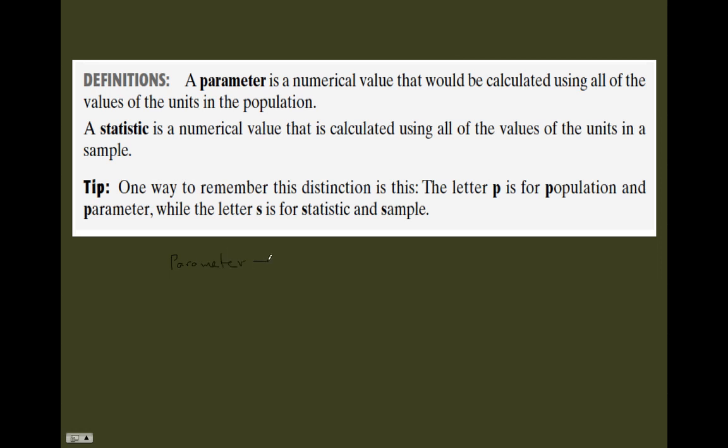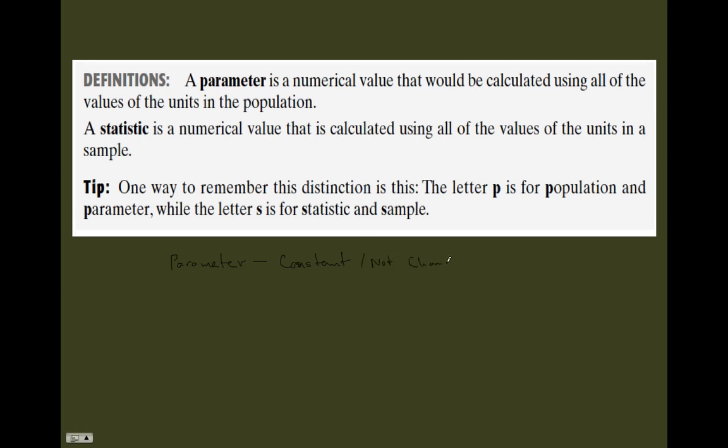Now, a really important idea here is that since the parameter is calculated based on the entire population, we assume that the parameter is constant and not changing.